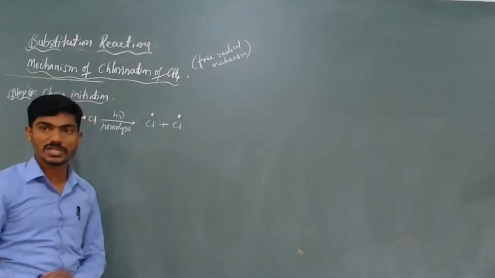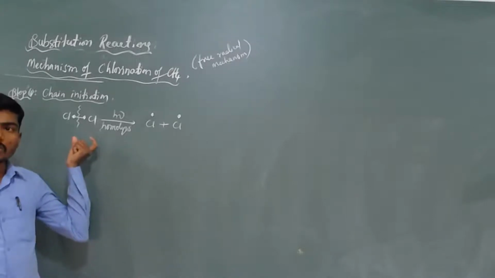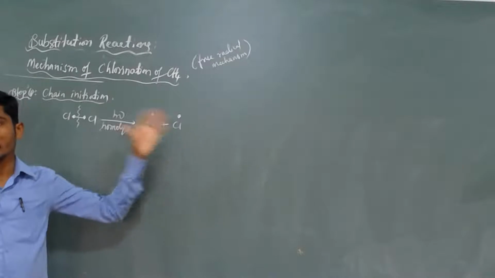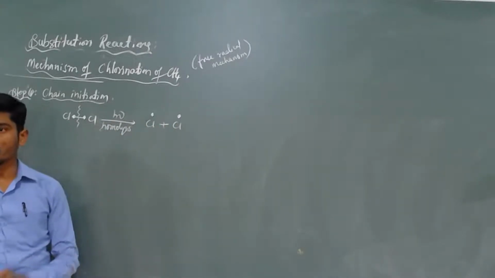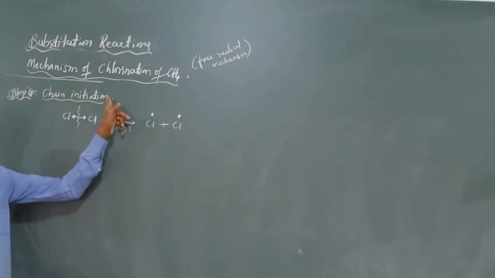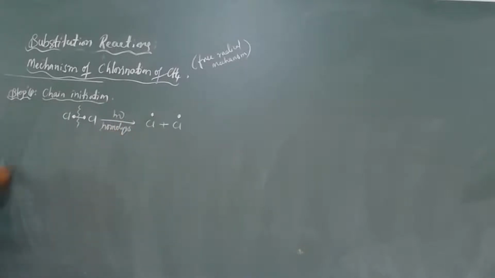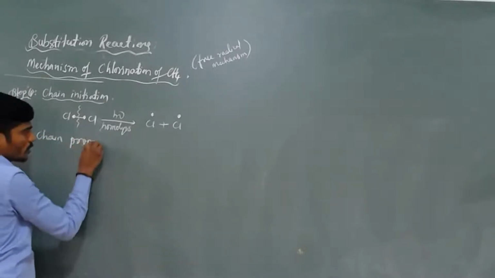Two radicals are generated. Chain initiation means the reaction is initiated. The first step is over. Second step, step 2: chain propagation.